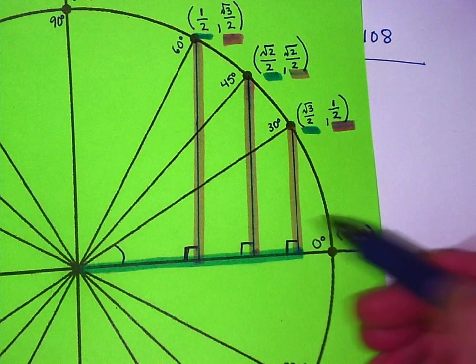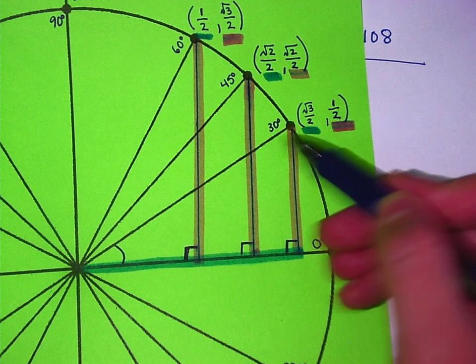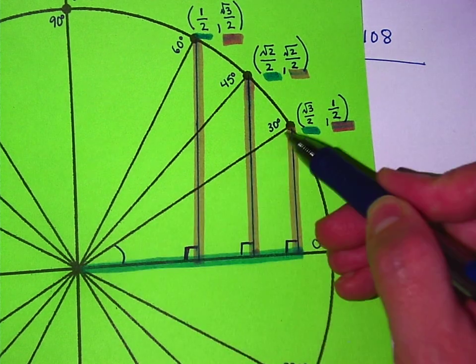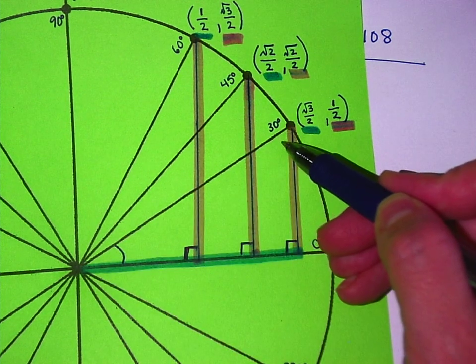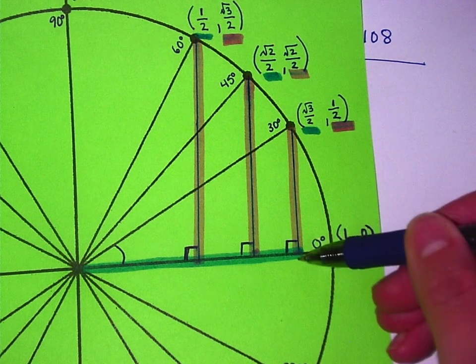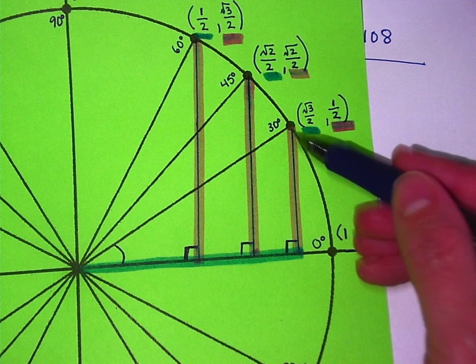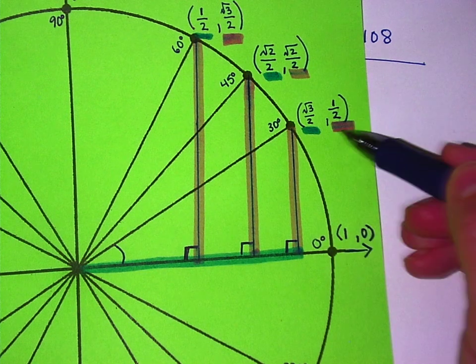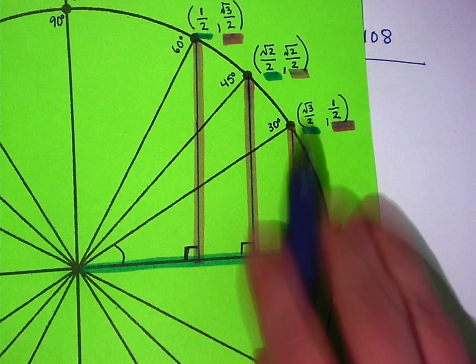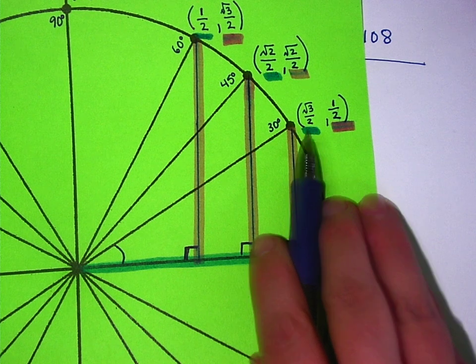Sine is opposite over hypotenuse, and the hypotenuse is 1 in a unit circle. So whatever the pink is, divided by 1, is still the same thing, right? Because you divide by 1, you still get the same thing, which means that this y value is sine.